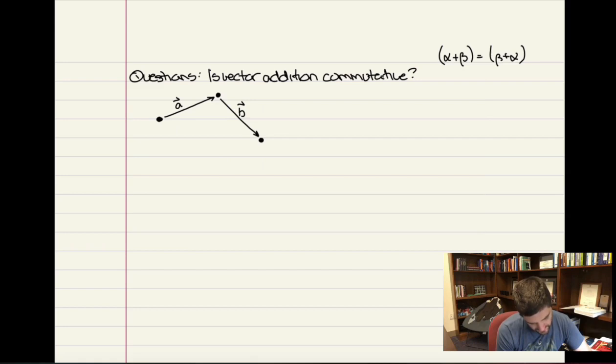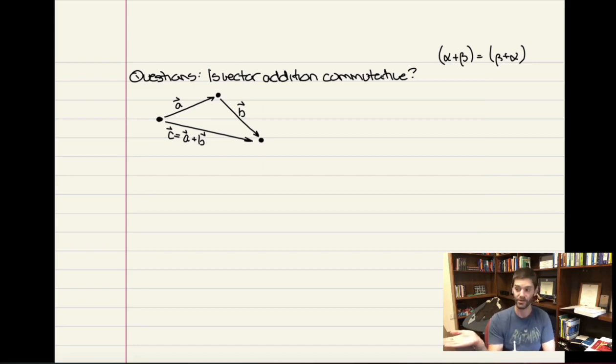This vector here would represent that I first walked along A, and then I walked along B. So I might call this C equals A plus B. So now we want to ask, does the opposite order work? If I first walked in the direction of B and then walked in the direction of A, do I end up at the same point?